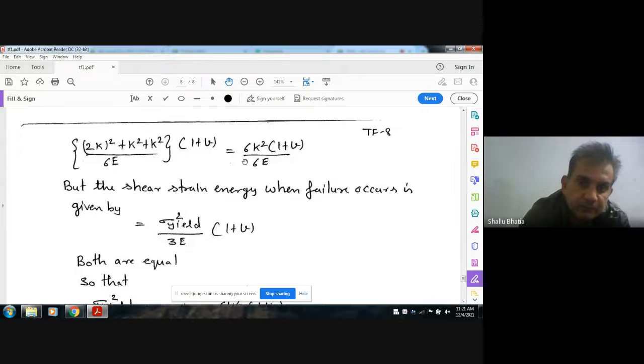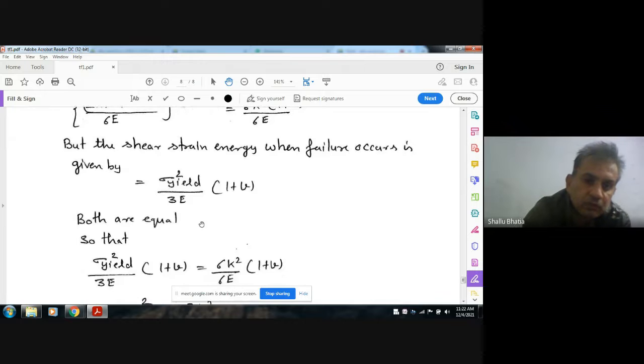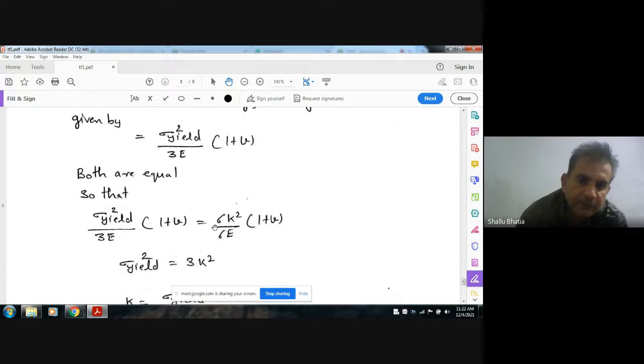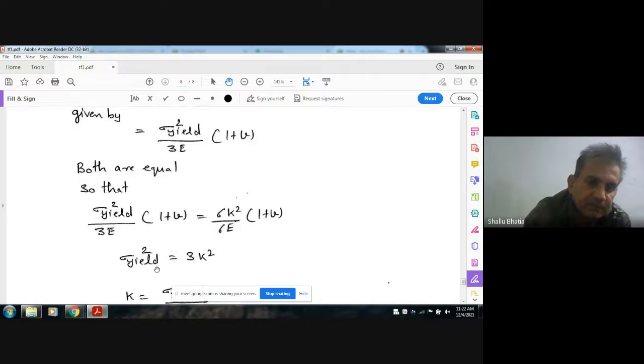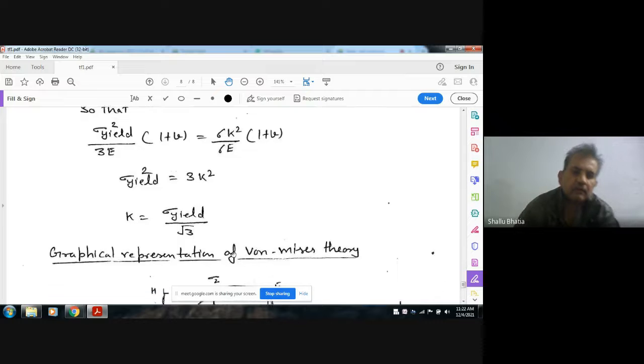This is failing when we subject the test specimen to pure shear, and this is when subject to normal stress, and we are taking the criteria as shear strain energy. Both are failing, so the strain energy of both will be same. By doing this, we will find sigma yield square is equal to 3k square, and k is equal to sigma yield by root 3.